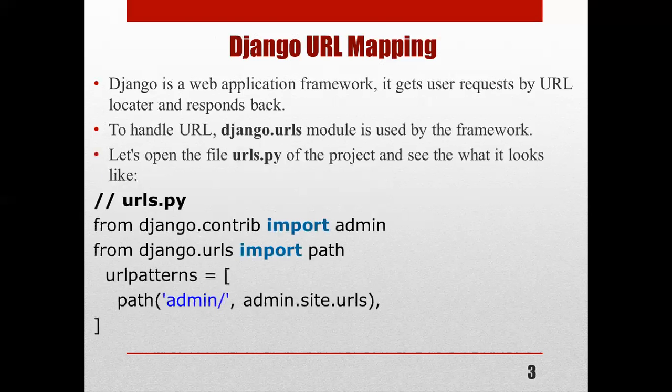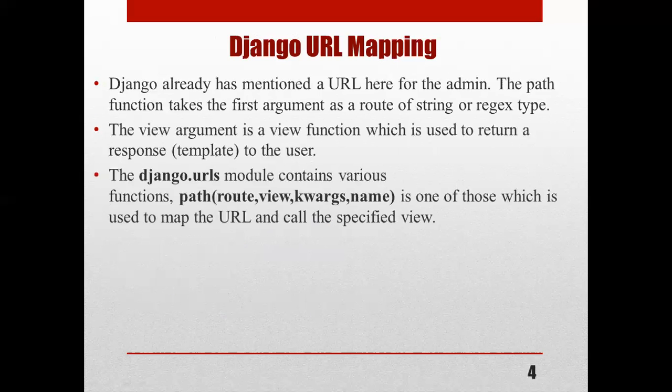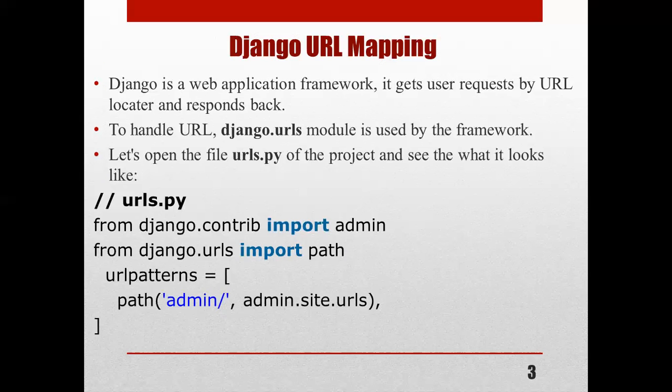Here you can see the route of the path function, and instead of that we can use the regular expression as well. Then this is the view, the arguments, or the name of that view. So these are the attributes or the parameters for the path function.